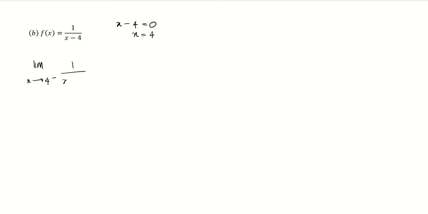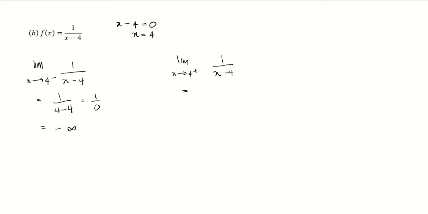So we need to find the limit as x approaches 4 from the left of 1 over x minus 4, and also the limit as x approaches 4 from the right of 1 over x minus 4. If we substitute directly, we get 1 over 4 minus 4, which is 1 over 0, which is infinity, or to be exact, negative infinity.